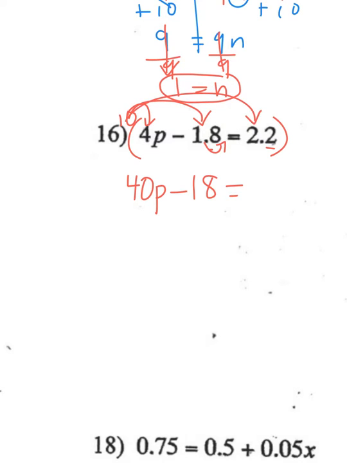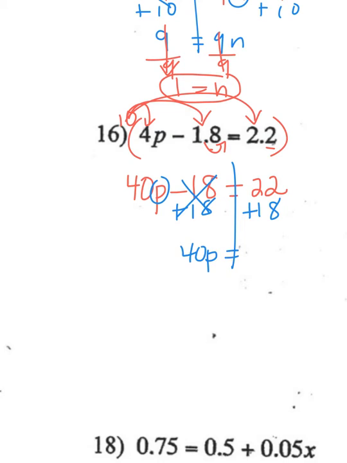And 10 times 2.2 is going to be 22. And so now I have whole numbers. Here's my equal sign, here's my p, add 18, add 18. That goes away. 40p equals 40. Divide by 40, divide by 40.